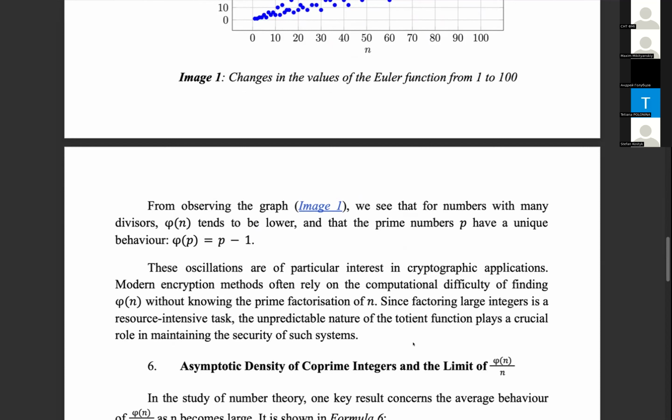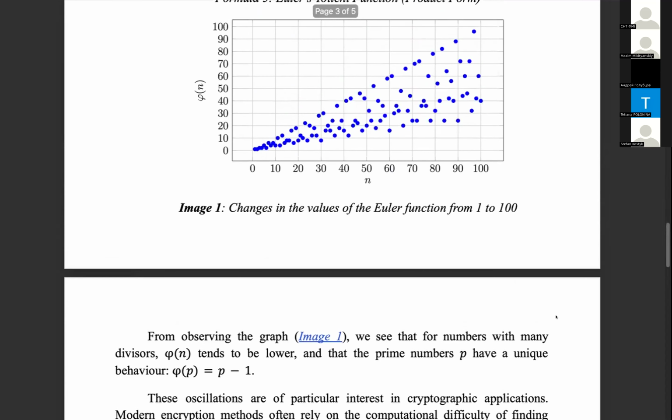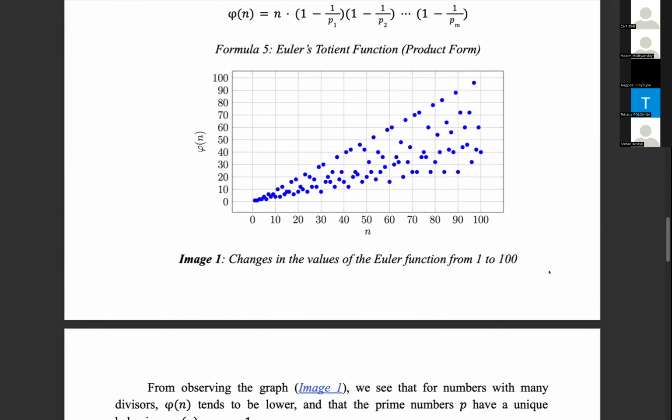The security of these systems relies on the difficulty of computing phi of n without knowing the prime factors of n, which is essential for secure encryption. The intuitive explanation is this table, which shows how quickly this number oscillates and how difficult it would be to know the factorization and the image of this function without knowing the number n.